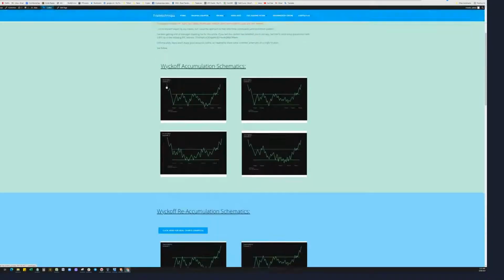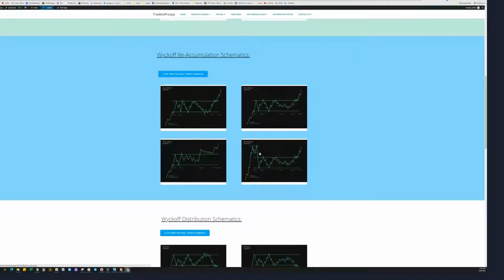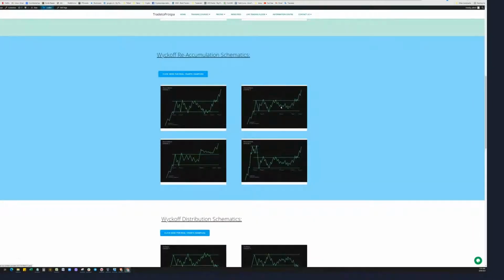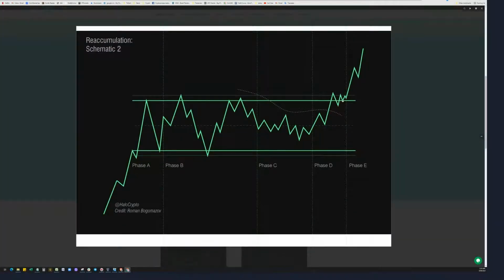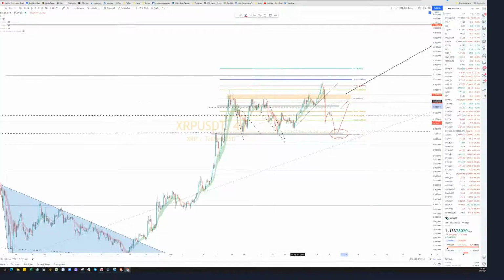So we have the reaccumulation. So we've got some of these. These are all like a continuation pattern. There's usually a shakeout before it goes up. And what we're seeing with a lot of, like if you look at Ripple, it's sort of failed. It's a failed attempt with one of these.